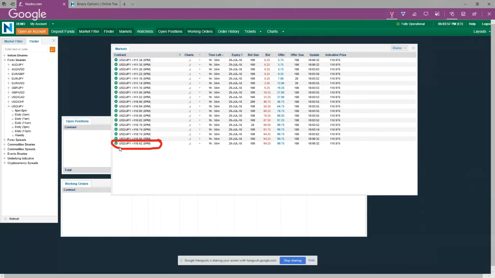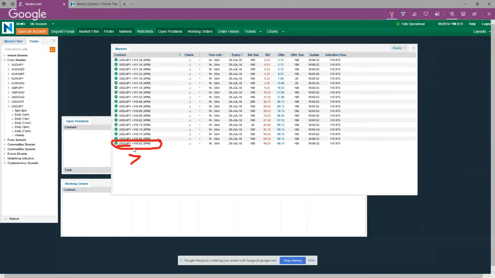Now, what identifies the underlying is the first part of that sentence, which is USD JPY. Then all of the binaries with Nadex are all going to be greater than. Okay. It's not greater than or equal to, it is greater than, period.